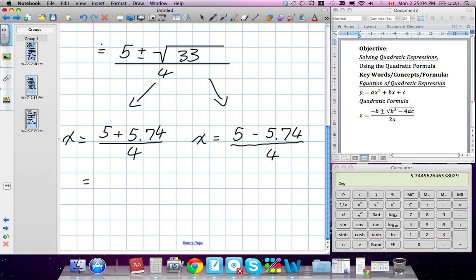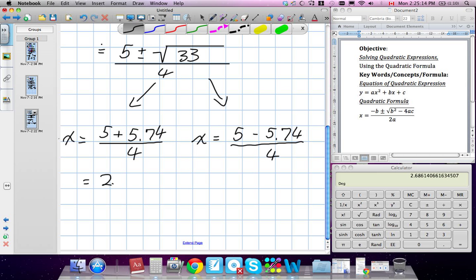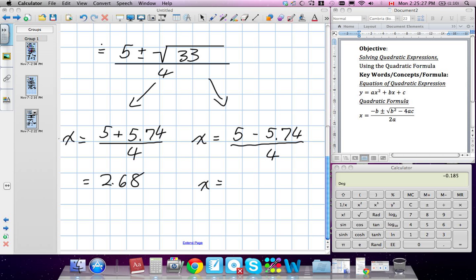These are our 2 values of it now. 5 plus this number divided by 4 is 2.68. And in the other example, 5 subtract 5.74 divided by 4, negative 0.185.